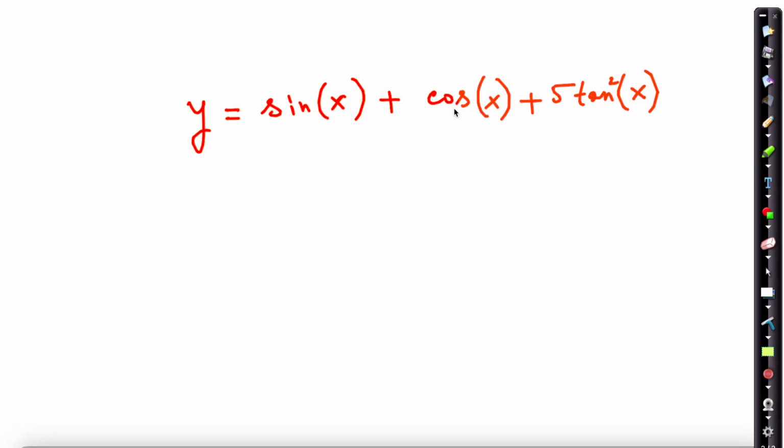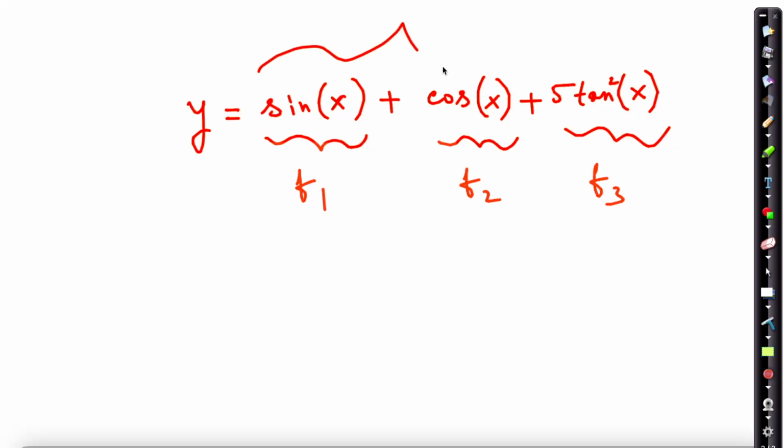So x is the input, y is the output. This is the function that maps the input to the output. Basic mathematics. These particular things are nothing but some functions, which we can call f1, f2 and f3. Just for example, we could write functions in Python: sine of x, cos of x, tan square of x. And this is the entire function, right?